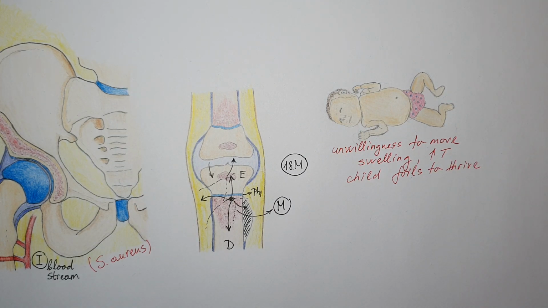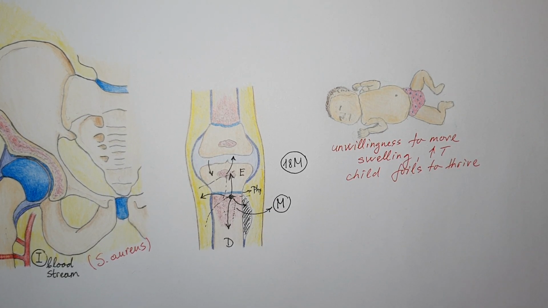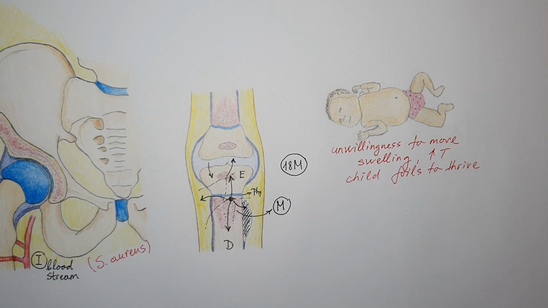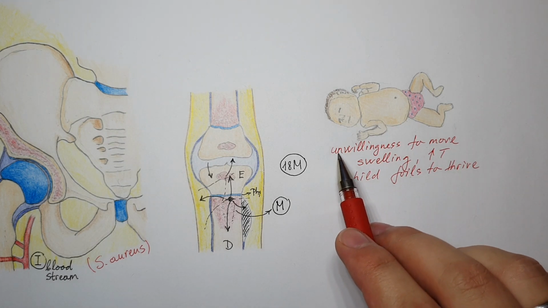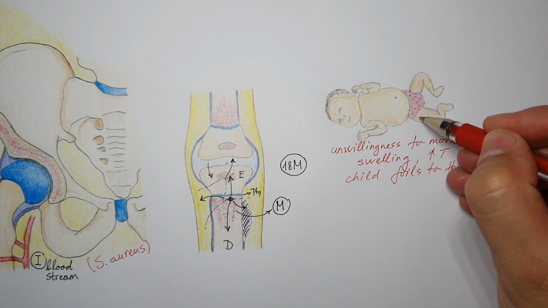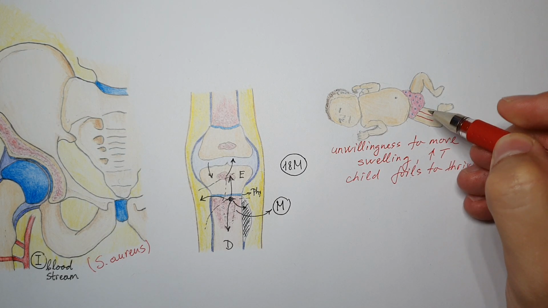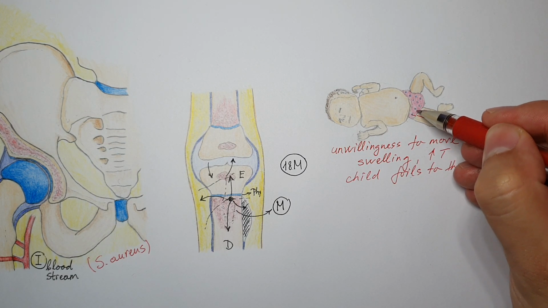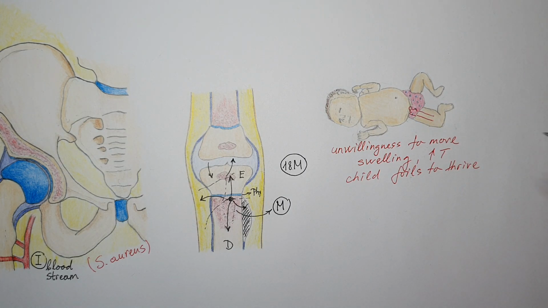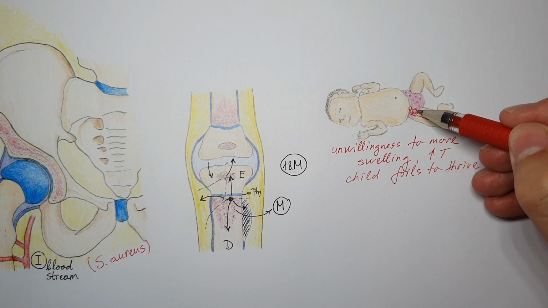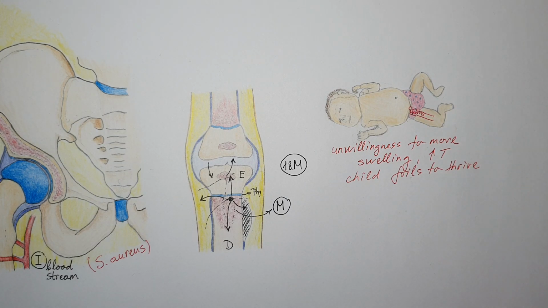So it is not developing like it should, but when we notice this, then the osteomyelitis is already too far gone. So the important thing is to notice that the child has a problem, that it is not willing to move the extremity, and that there is maybe a problem, or if we move the extremity there is a reaction.